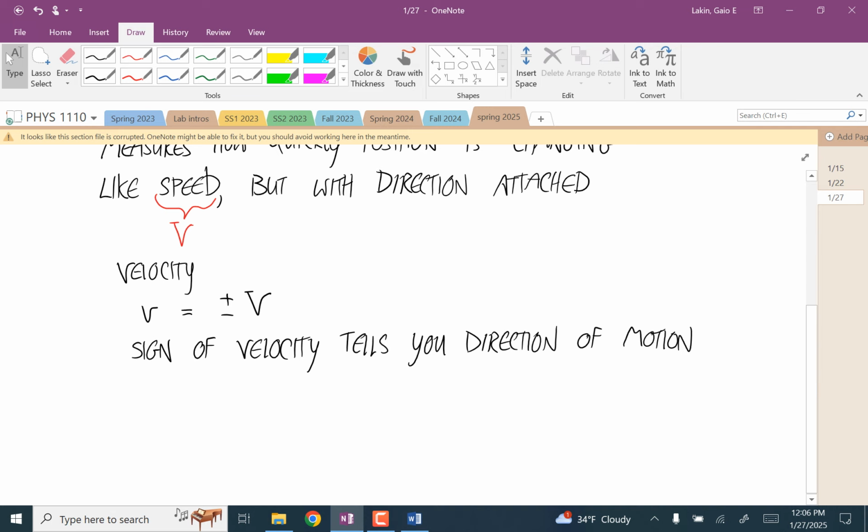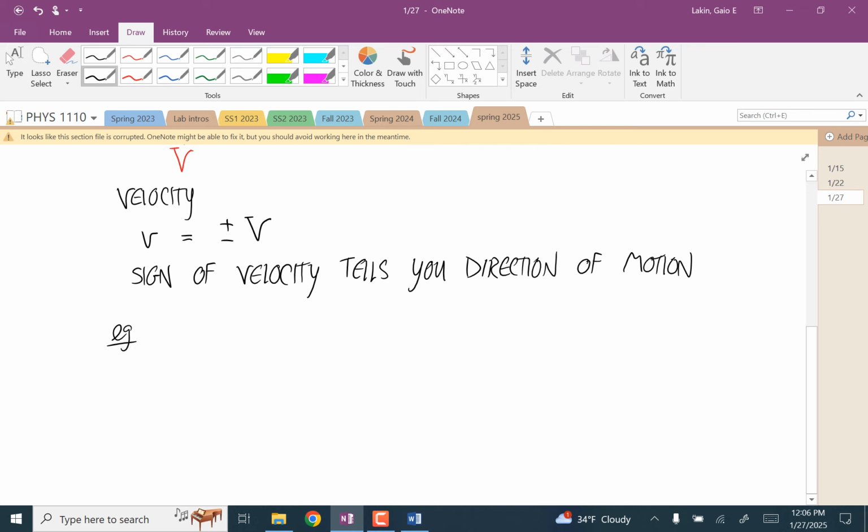Okay, so when we're talking about one-dimensional motion, you always choose a positive direction, and that defines the negative direction too. And so then if the object is moving 60 miles an hour in the positive direction, the velocity is positive 60. If it's moving 60 miles an hour in the negative direction, the velocity is negative 60. Okay, so that's how the directional information is attached.